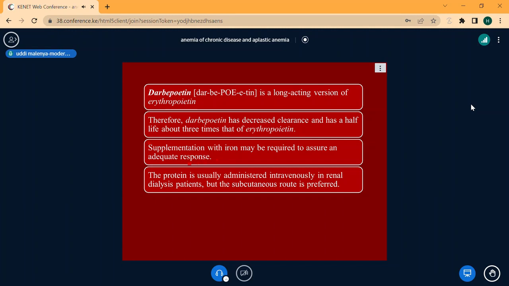So as you give the patient erythropoietin, you must also give the patient iron, for you to have enough iron stores. Because when you start producing the red blood cells, for them to have an adequate hemoglobin level, they will need an adequate amount of iron, okay?